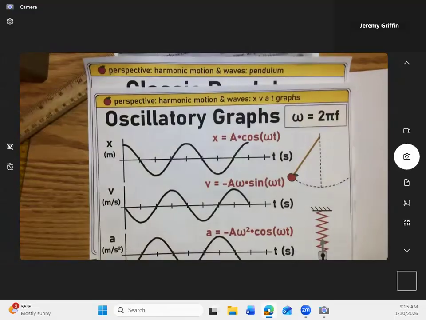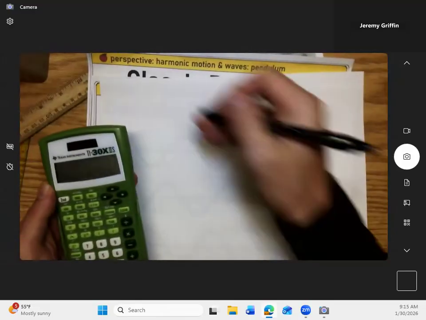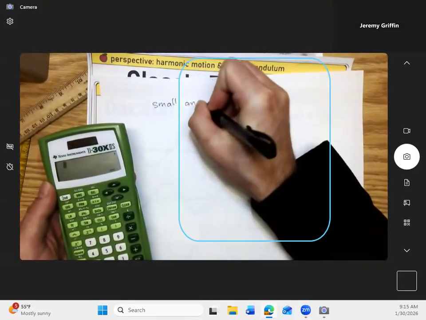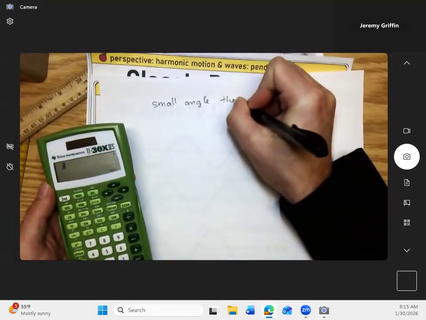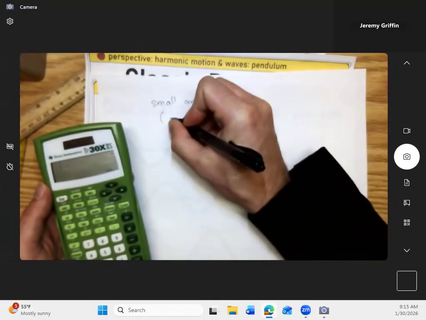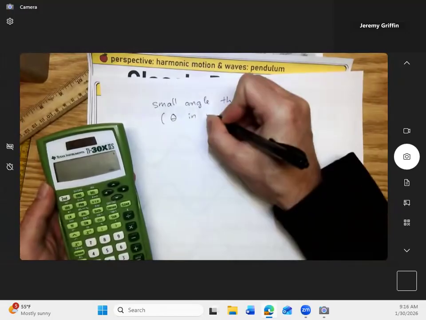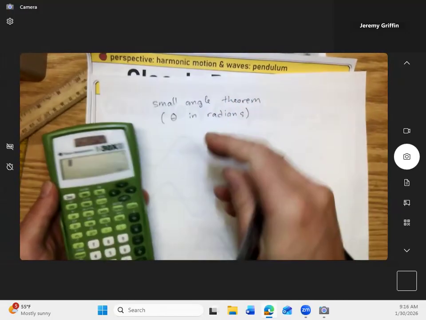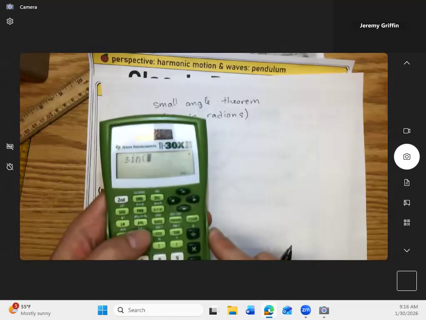I'm going to show you guys something I've heard called the small angle theorem. Theta in radians. This only works for radians. Guys, hit sine.